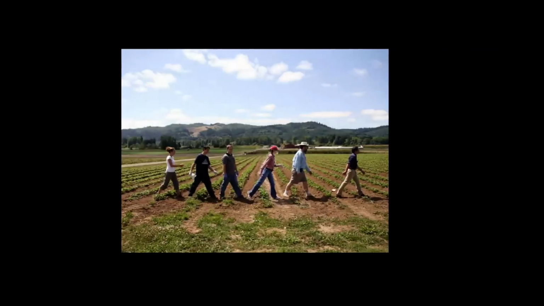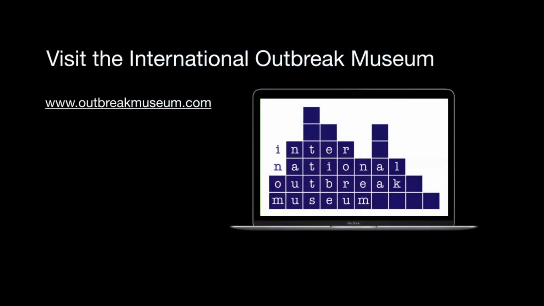Deer poop on strawberries was an E. coli outbreak. You can see more outbreaks at the outbreakmuseum.com. It's a cool site with some of our exhibits, and you can actually visit that in person someday when the pandemic has calmed down.